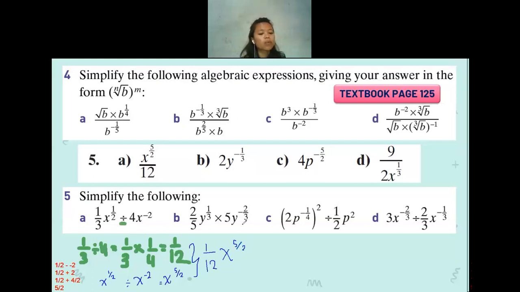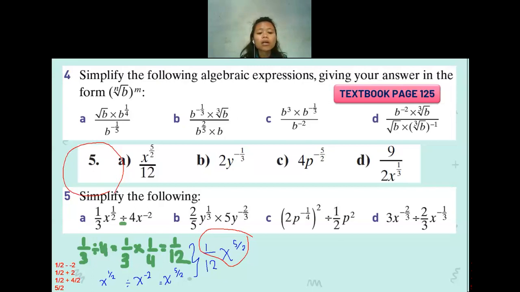The numerator here is 1 times x to the power of 5 over 2. The answer will be x to the power of 5 over 2. That's why for the key answer, we can write it as x to the power of 5 over 2 divided by 12. Is there anyone who has any confusion?